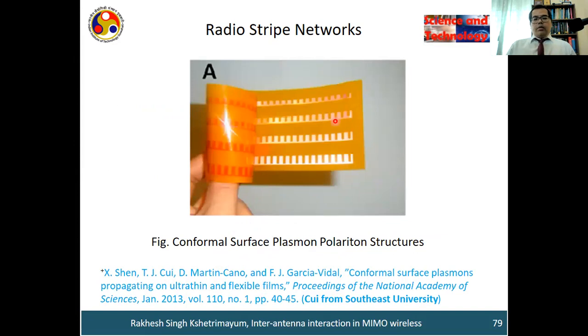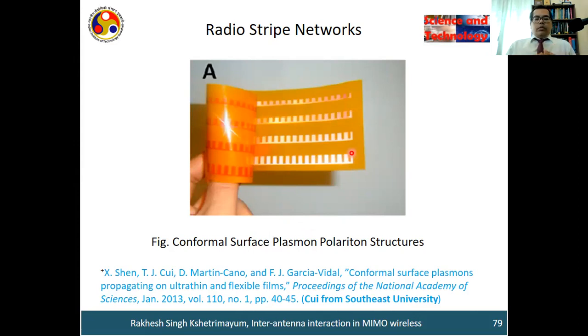And because of these gratings here, you can excite the surface plasmon polariton structure at the metal-air dielectric interface. And the one good thing about this is it is conformal. It can be fit into any kind of structure. It can be rolled out. It can be folded.